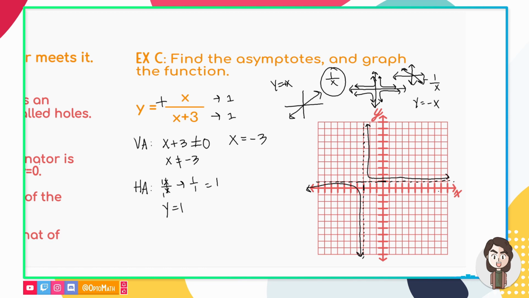Easy ways to tell that are to look on Desmos, or you could plot some points by picking some x values, doing some function evaluation, and figuring out your y's.